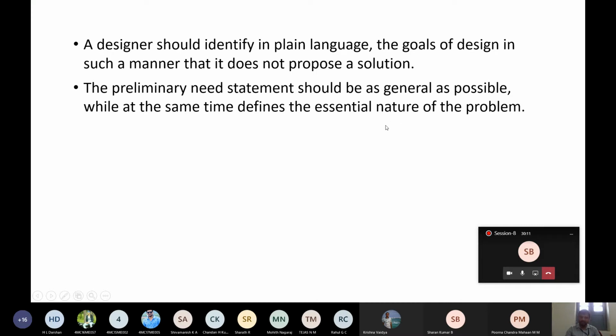Then we considered an example of keeping mice away from the warehouse, and we also talked about the problem of designing doors in an airport. Okay, so these are the exercises which might have given us a theoretical approach to understand the essential nature of the problem.